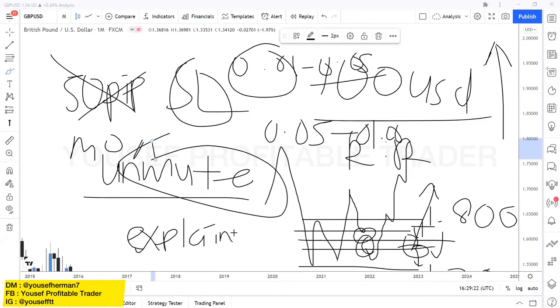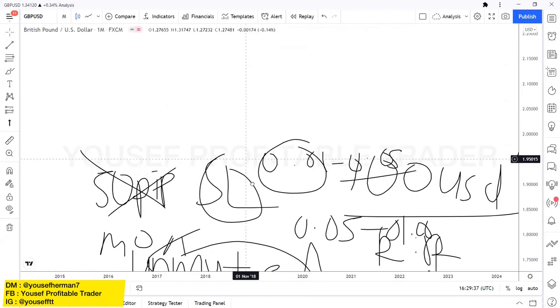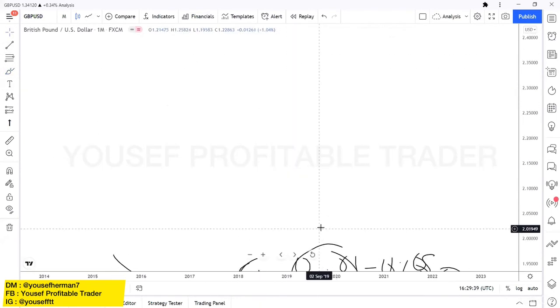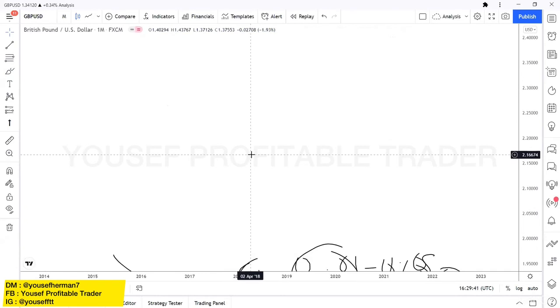When the price is at a resistance level, is it a must that we have to wait for a reversal candle? Okay, so a reversal candle is actually also a structure. Why some people say it's a must to wait for a reversal candle is because it gives you a lower risk trade.